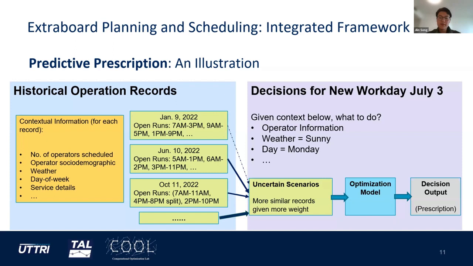Now we want to make decisions for a new workday, and we do have the context information for it. So we compare the new context to the context of previous records, and we give the more similar records more weight when constructing our uncertain scenarios. And we feed the uncertain scenarios into the optimization model, which gives us a decision output.